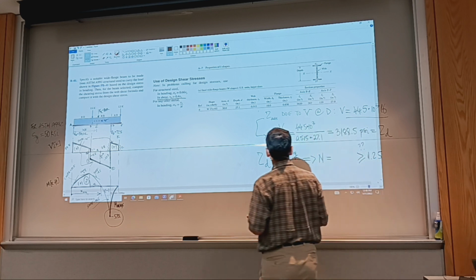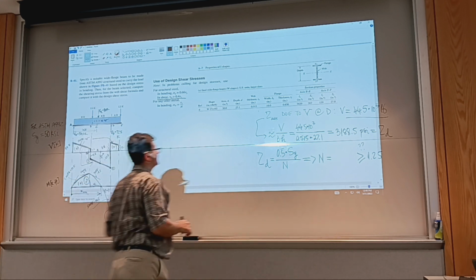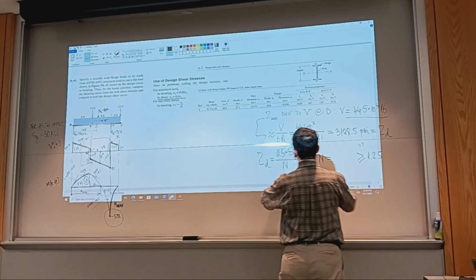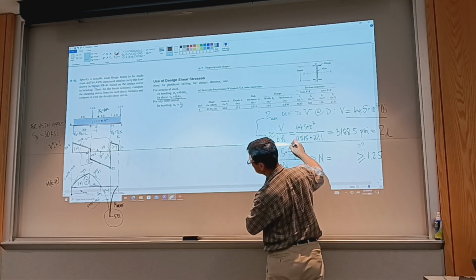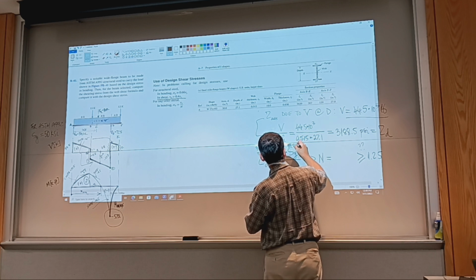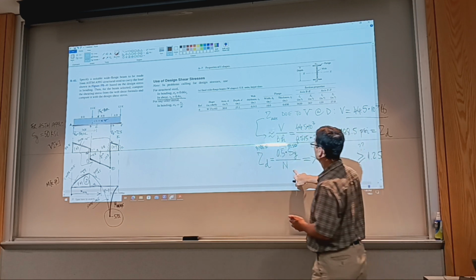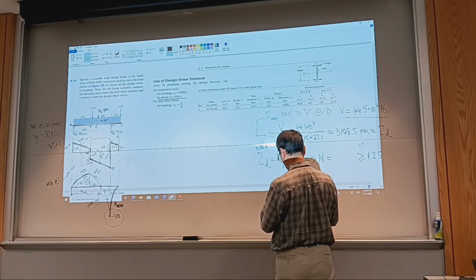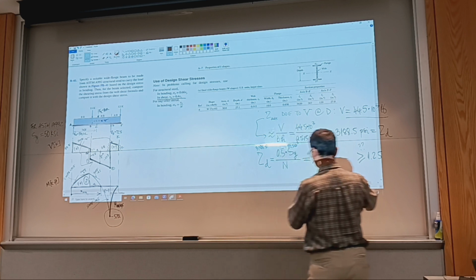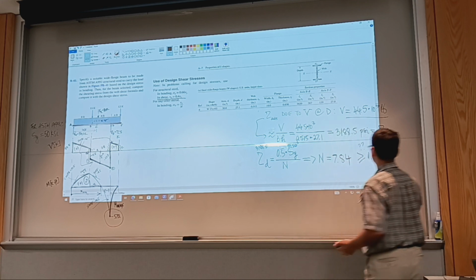All right. Sy was 50 ksi. So again, this is 3188.5. This is 50 times 10 to the power 3. So what is n? n is going to be 0.5 times 50 times 10 to the power 3 over 3188.5, which equals 7.84, way bigger than 1.25.